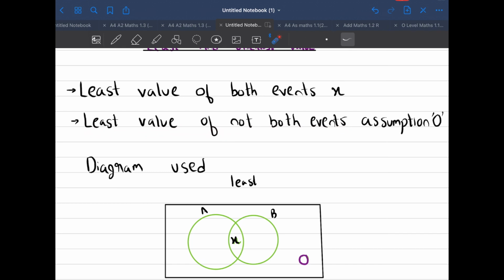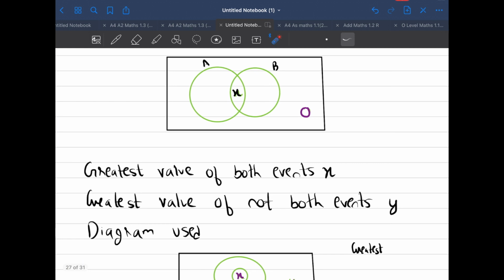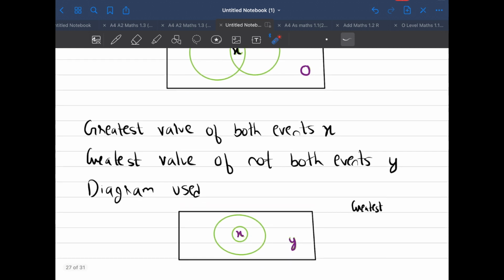If any value is not given to us for that, we always assume the least value of not both events is what? 0. Got this? So for least value of both events or not both events, we need to make a Venn diagram like this, as simple as this.